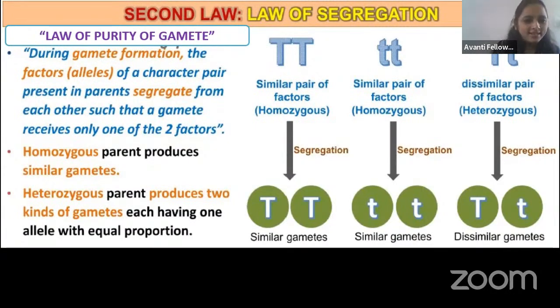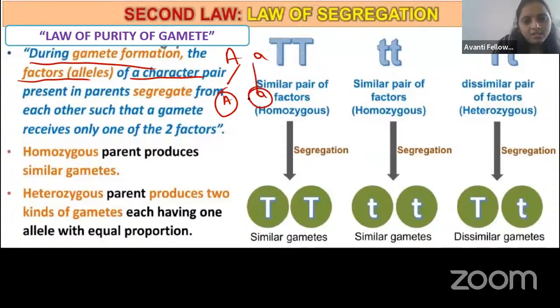Okay, fine. So let us see here what will happen during the gamete formation. Okay, guys, during the gamete formation, what will happen? The factors are the alleles. So you know that the allele is nothing but the factors, right, guys? So alleles of the character, for example, capital A, small a. During the gamete formation, capital A will separate and the small a will separate.